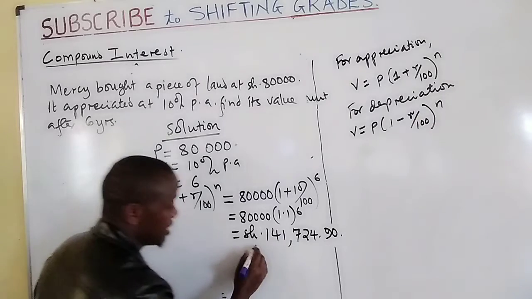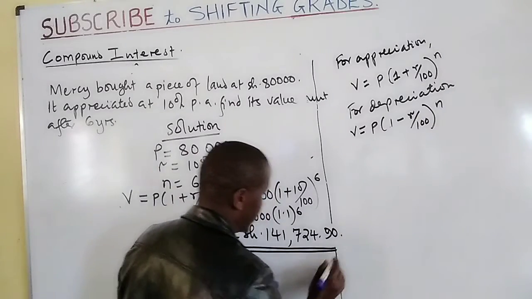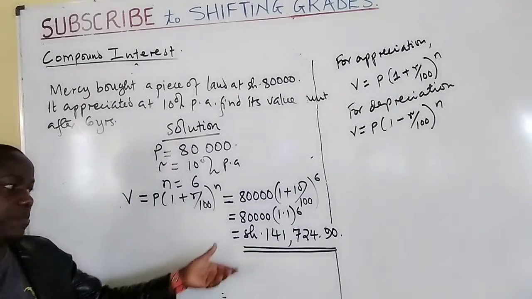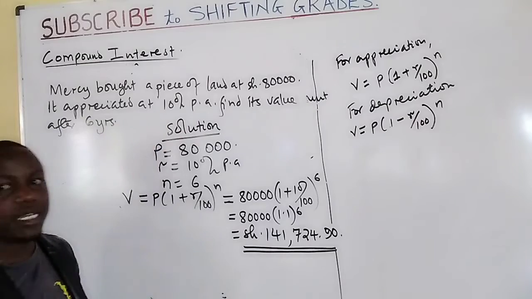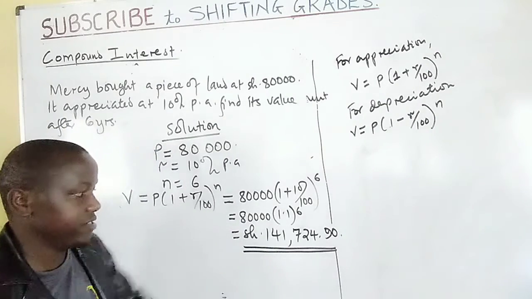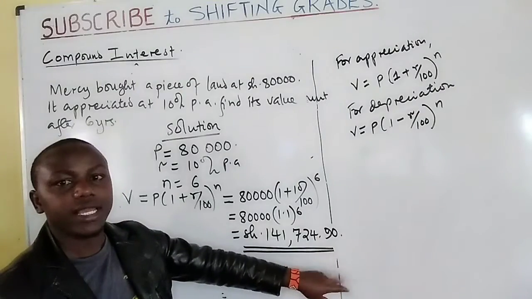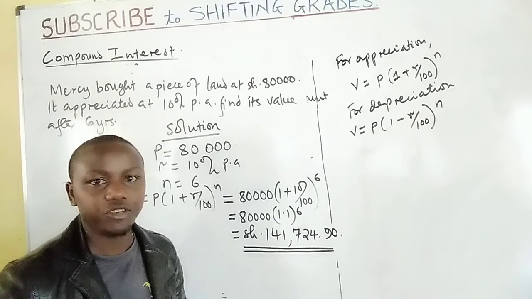So this is the amount for the land. The land will be this expensive because it is appreciating in value at the rate of 10% per annum. So we use the compound interest formula. In case you have a commodity which is decreasing, this is how we approach it.